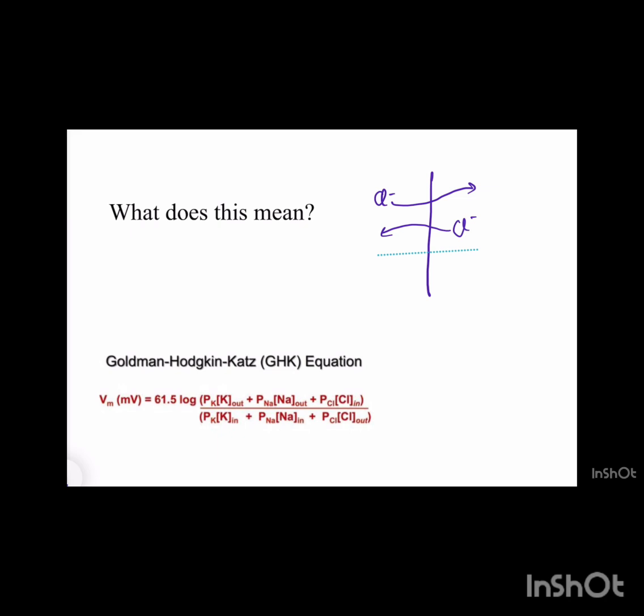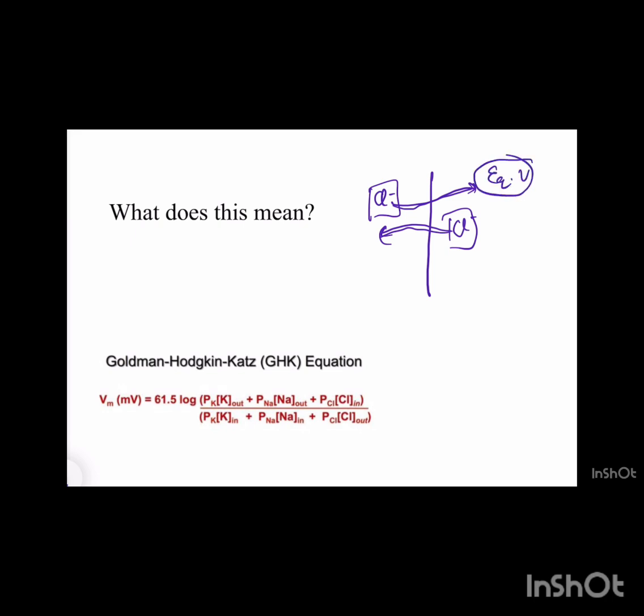So at a particular potential where the net movement of chloride is zero, the amount of chloride leaving the cell is equal to the amount of chloride entering the cell. So the net movement is zero, is known as equilibrium potential.